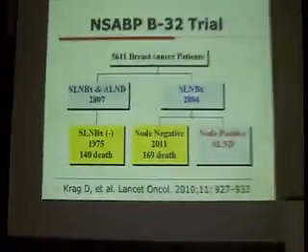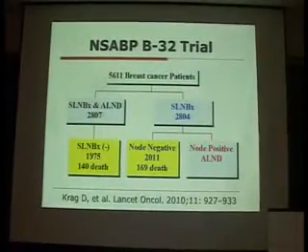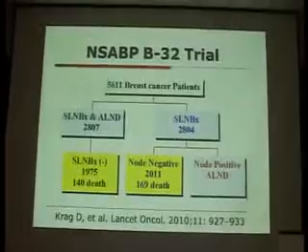And the first question, is sentinel node biopsy enough? I think was answered very well by the NSABP B32. Approximately 2,800 patients were randomized to sentinel node biopsy and axillary node dissection, versus another group who only had sentinel node biopsy, and these patients had an axillary node dissection only if the sentinel node was positive.